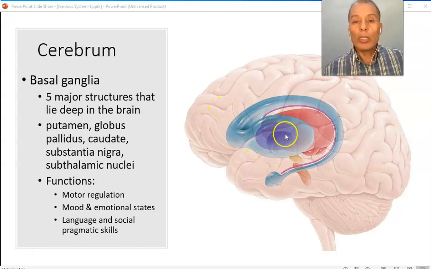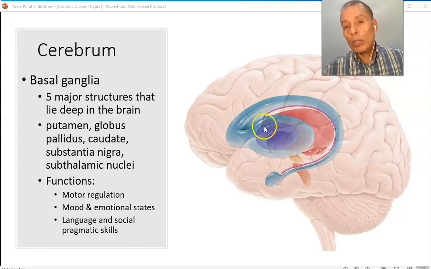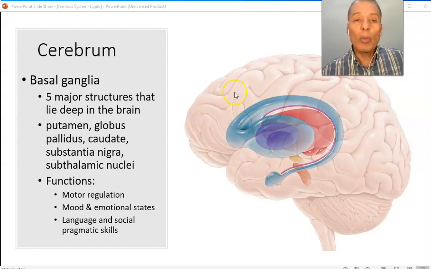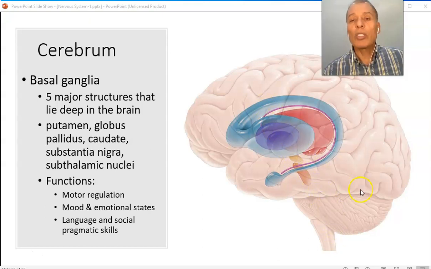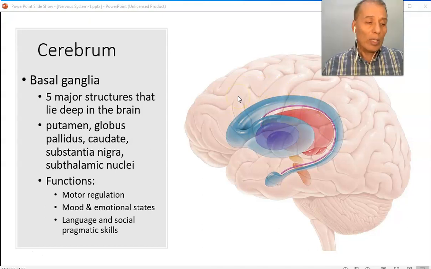And what they do is serve as major processing centers for motor regulation and refining of motor movement and the strength of the motor movement, for conveying motor information to lower parts, and for receiving information from lower parts, from the thalamus as well, communicating with the thalamus to control the force of movement, and also to decrease the force of movement.